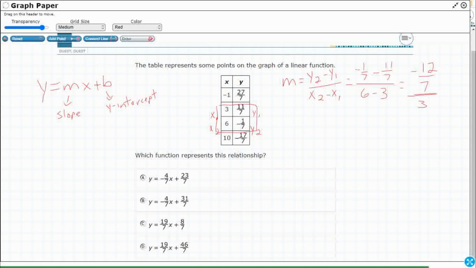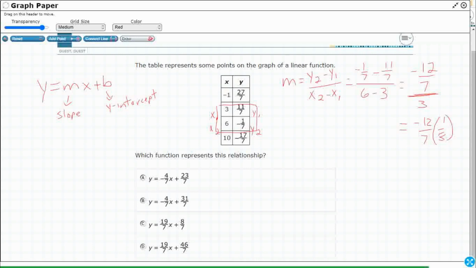over 3, right? Which, if we really want to look at it, you can always take this divided by 3. Dividing by 3 is the same as multiplying by 1/3. So let's take our numerator, that's negative 12/7, divided by 3, which is the same as multiplying by 1/3. There we go, that's going to look a little bit better.